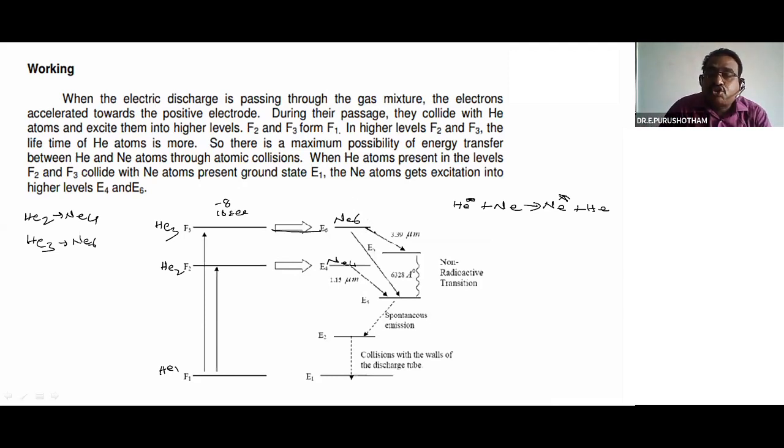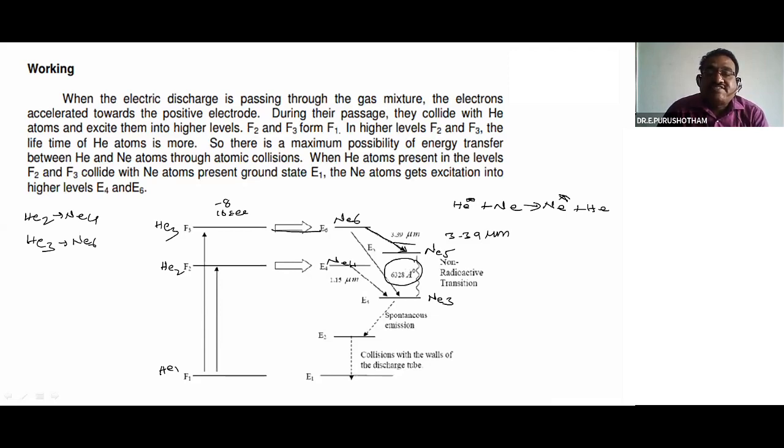Due to this pumping process, atoms jump from Ne6 to Ne5, or E6 to E5, emitting radiation of 3.39 micrometer wavelength. Another radiation is from Ne6 to Ne3, or E6 to E3, which emits 6,328 angstroms.